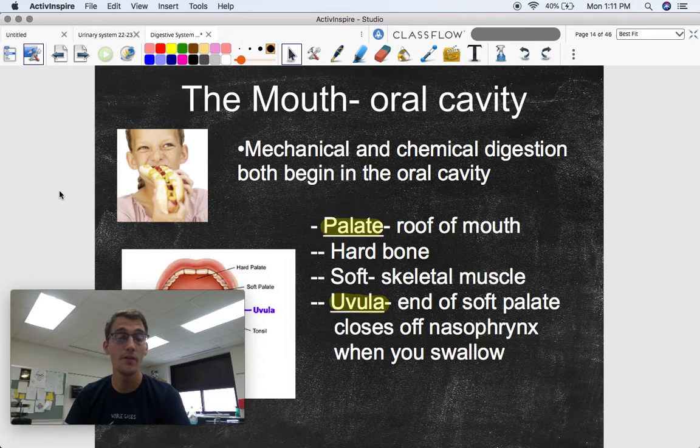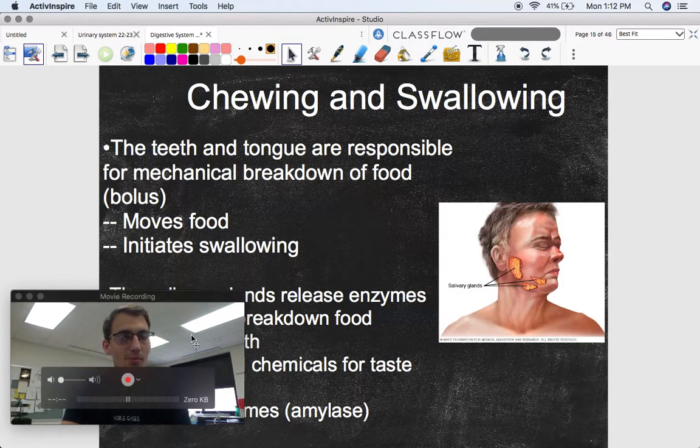It closes that off when you swallow so that air doesn't get into the esophagus, and then another structure called the epiglottis is going to make sure that food doesn't get into the trachea. So you've got a couple things making sure that food goes down the food hole and air goes down the air hole, for lack of a better term. And your uvula helps to do that. So now you know, right? If you don't take anything else away from this video, you can remember that, hopefully.